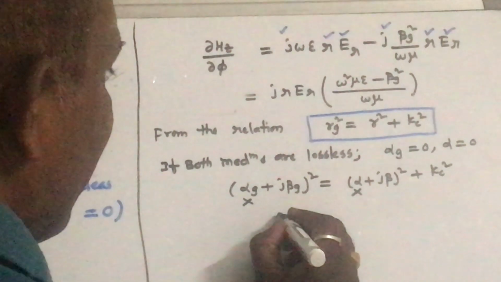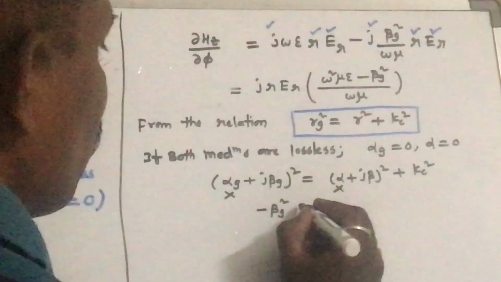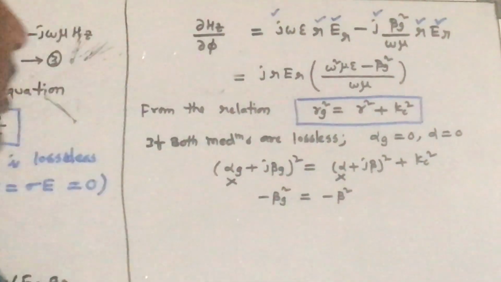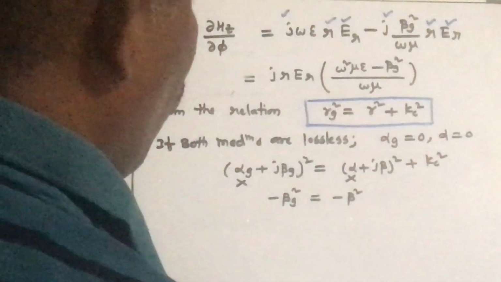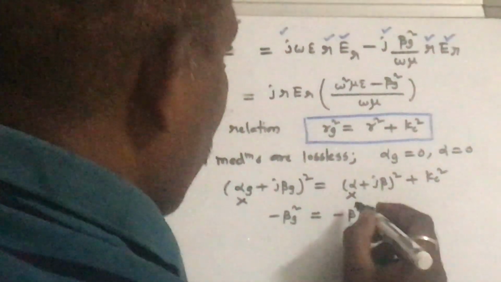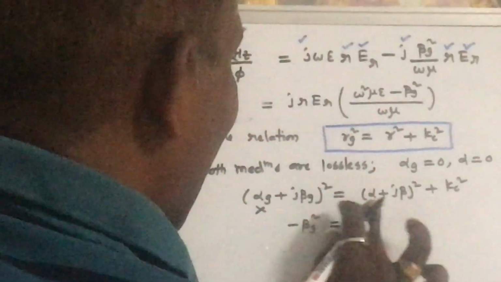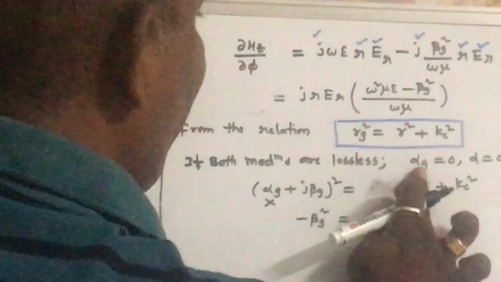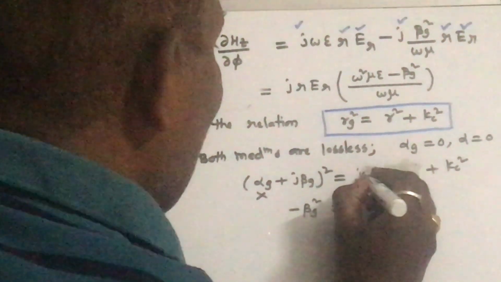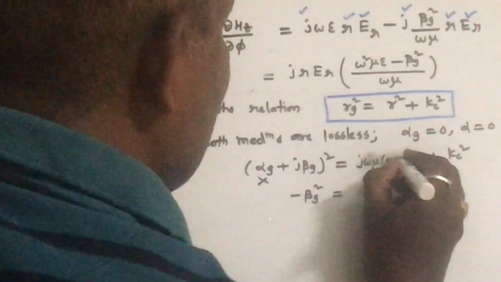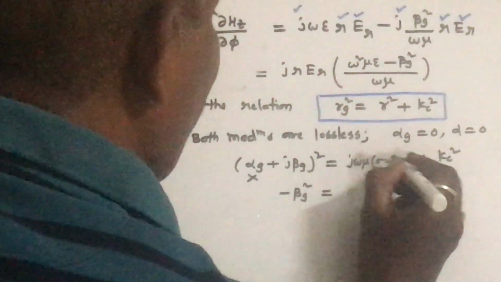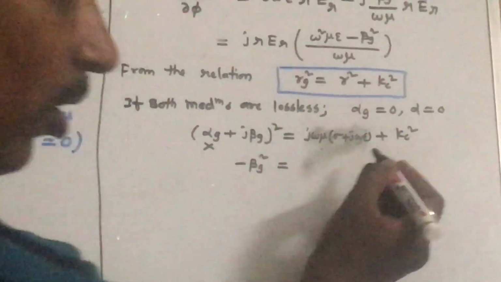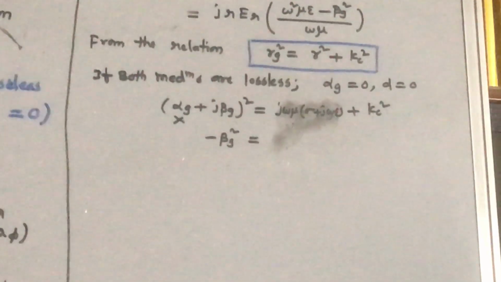So j beta G whole square is written as minus beta G square, equal to minus beta square. This term we have already derived in electromagnetics: it is written as j omega mu into sigma plus j omega epsilon. Since it is a lossless medium, the conductivity is 0.